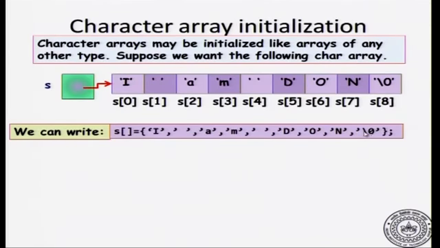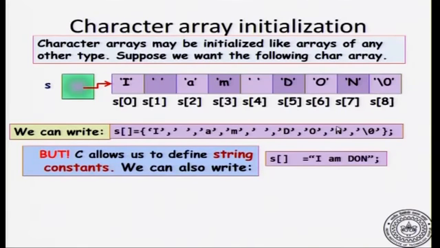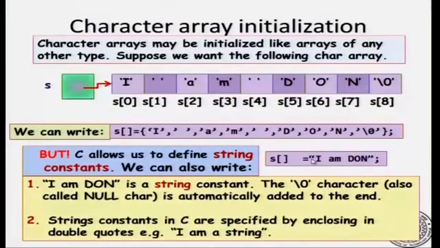But C also allows us to define what are known as string constants. So in order to initialize a character array, I can also write character S square brackets is equal to I am down, but this time within a pair of double quotes. So I am down is a string constant. In every string constant, that is, in a string enclosed in double quotes, the null character is automatically added to the end.